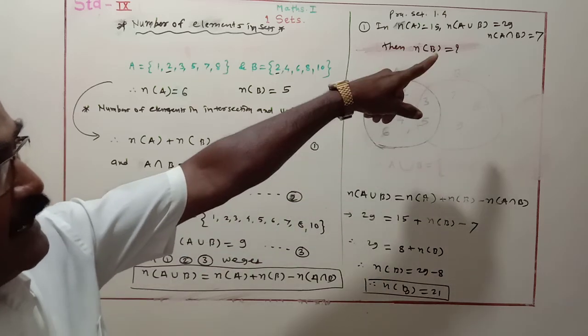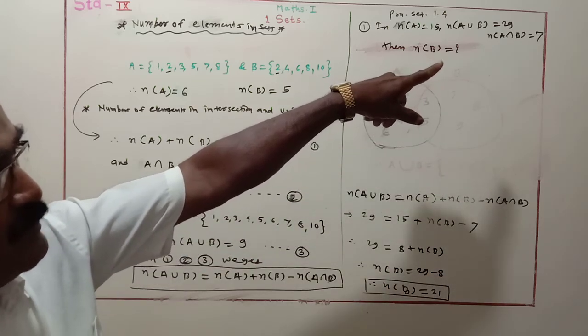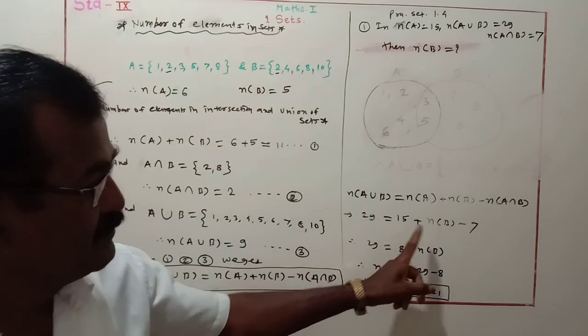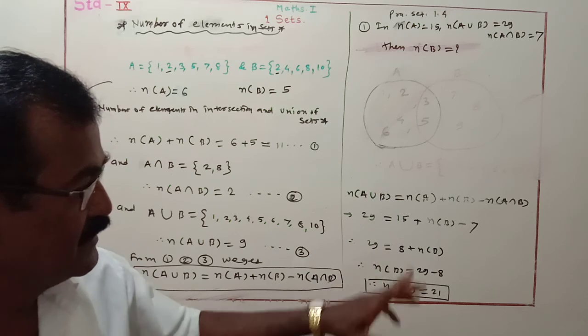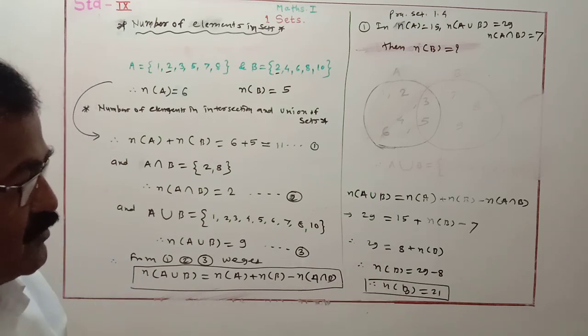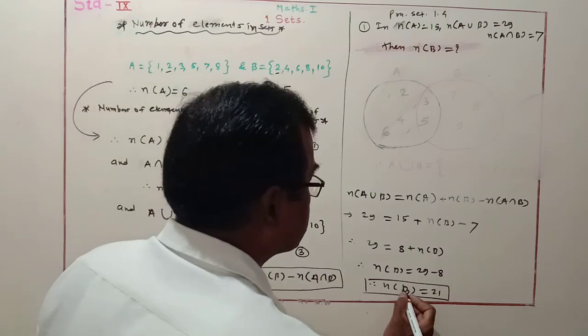And n of A intersection B is given 7. 15 minus 7 is 8, and this is 29. n of B is equal to 29 minus 8. n of B is equal to 21.